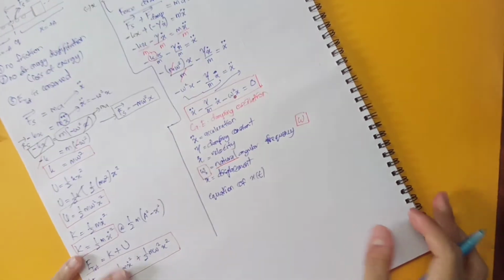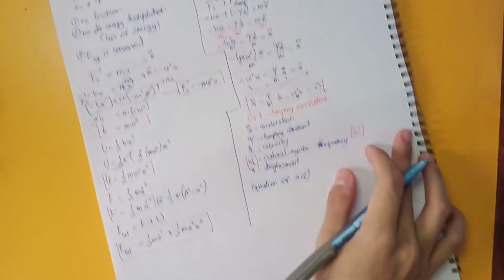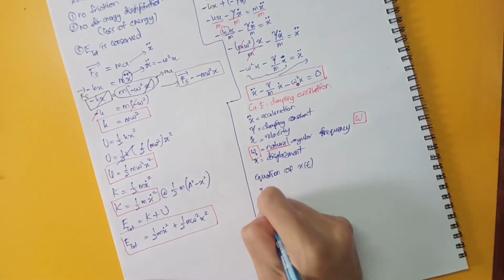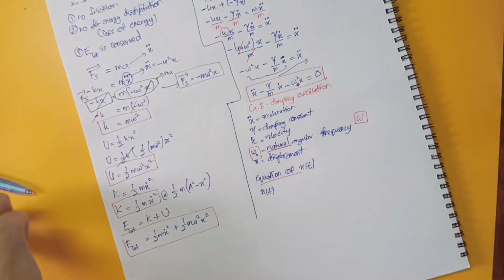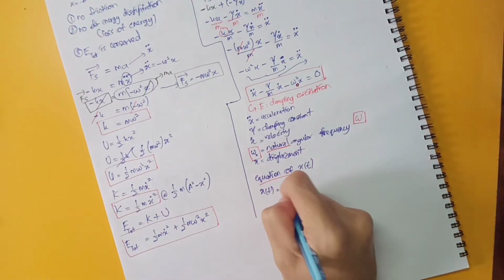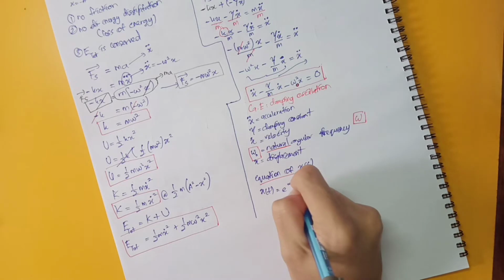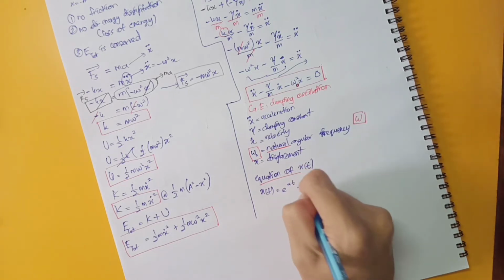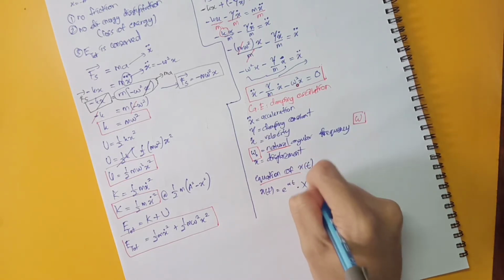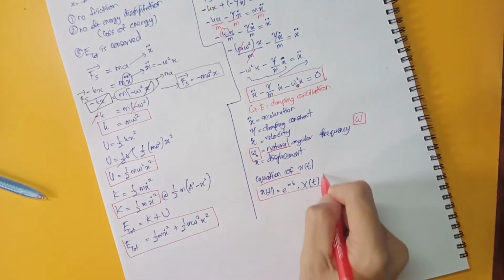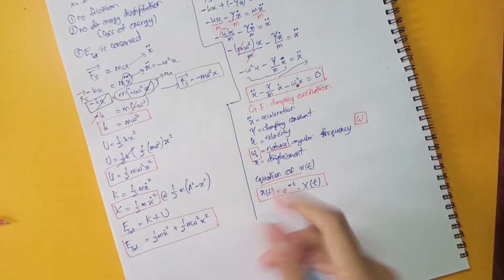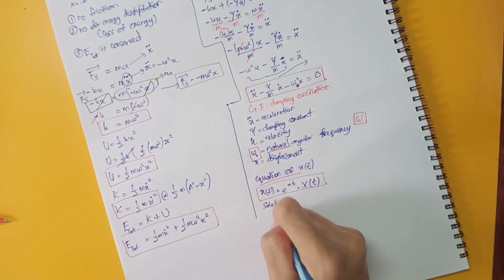The mathematicians found out that x(t) is equal to e to the power of alpha t times capital X(t).